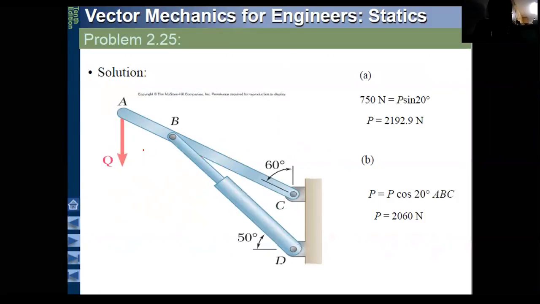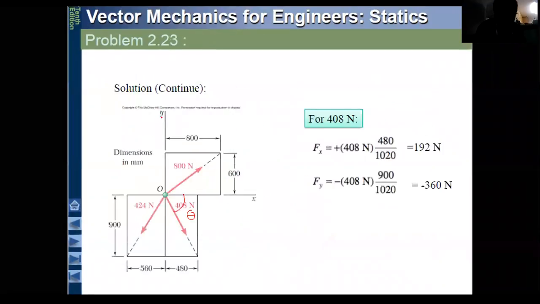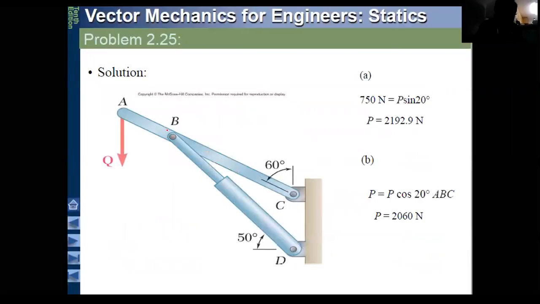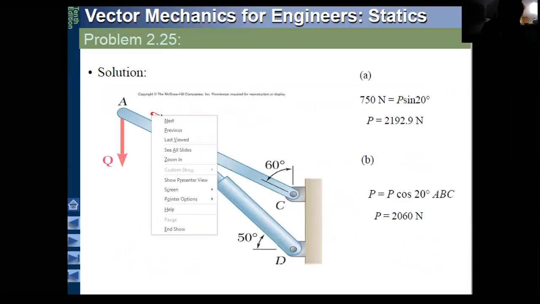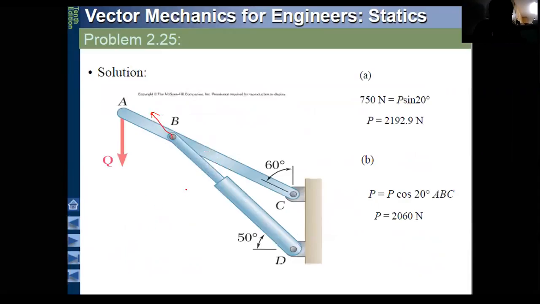Well, actually, what I'm going to do here is draw a free body diagram. So you're going to have a force in this direction, and you're going to have the composition of them.